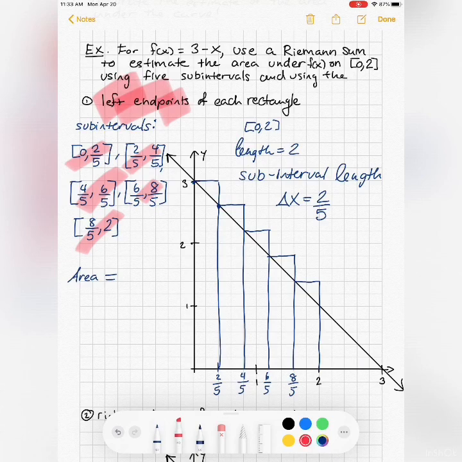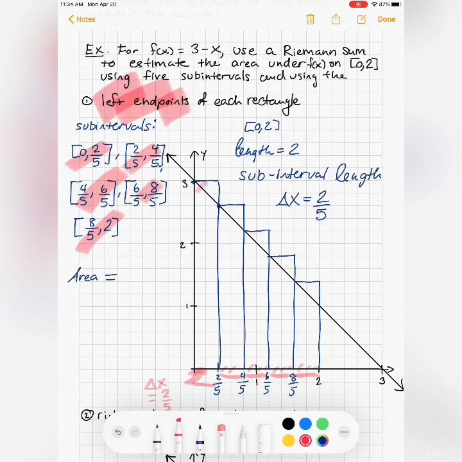Okay, so you can see each of these rectangles, the length is 2/5, right? So for each of these, the delta x is 2/5. That's the length of each of these bases.